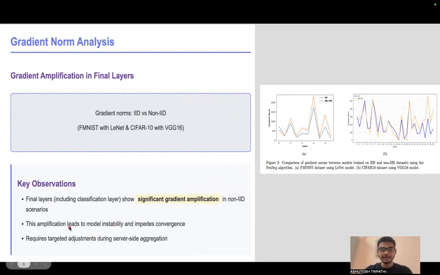This amplification in the final layers leads to model instability and poor generalization. So we require targeted adjustments for these layers during server-side aggregation.